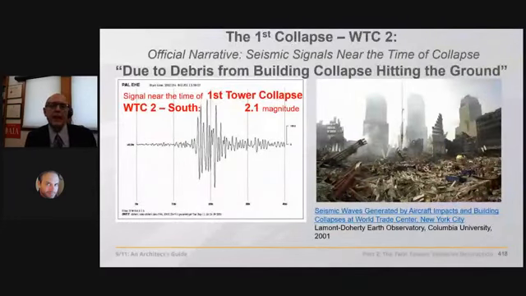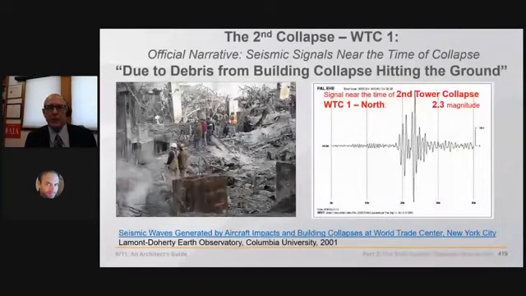So then there is also the seismic signals near the time of the collapse. In the case of the first tower to collapse, which was the south tower, we have a 2.1 magnitude event. In the case of the north tower, a 2.3 magnitude event.